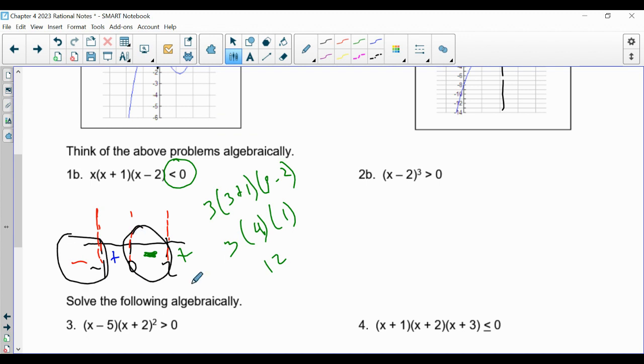So again, I would write this in interval notation, negative infinity to negative 1, and it's exclusive, so parenthesis. And then there's a second part, 0 to 2, and again, they're both not included because it's less than 0 and not less than or equal to. And there's your answer.